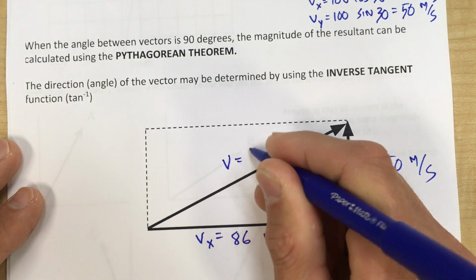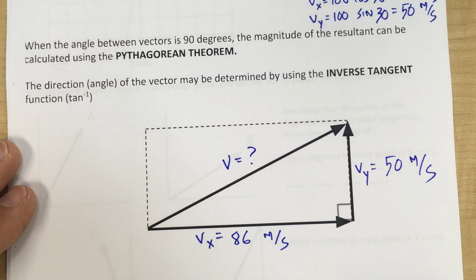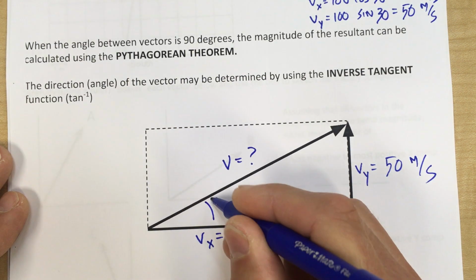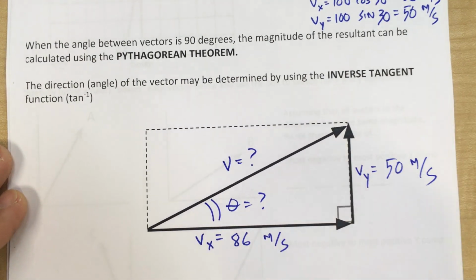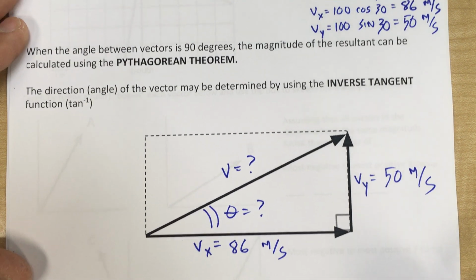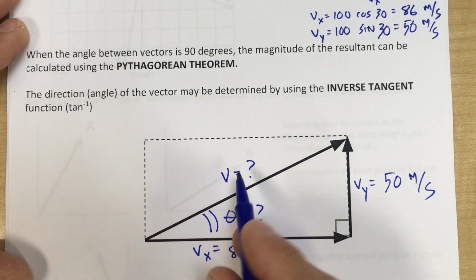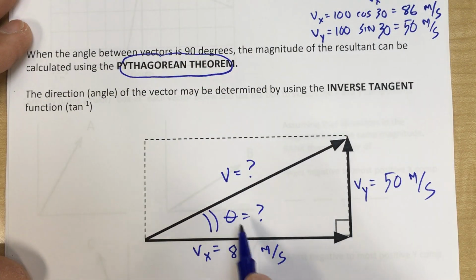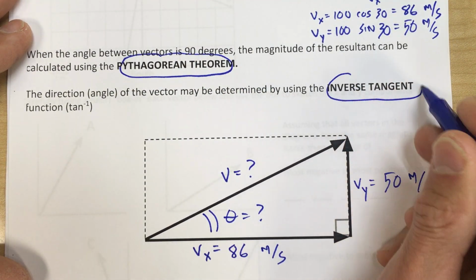How do I find the value of the velocity? How do I find the angle? And the answer is that to find the value of the velocity, I would use the Pythagorean theorem. And to find the angle, I would use the inverse tangent.